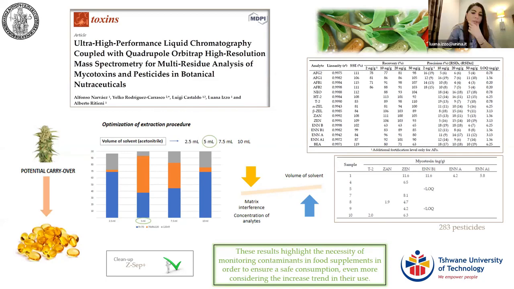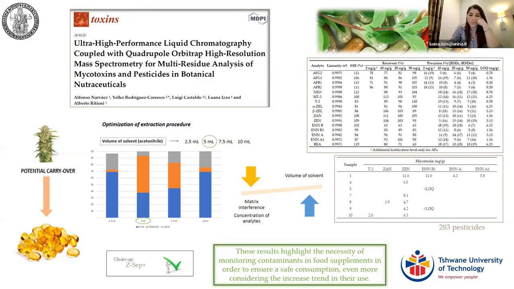We have found the content in the nutraceutical, also in food supplement for human, and if the raw material is good, we can have a very good food supplement for human health.